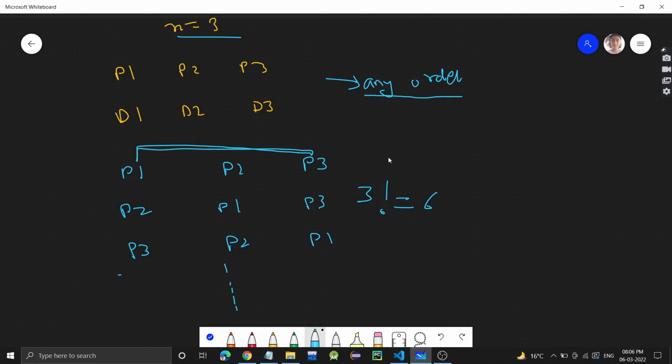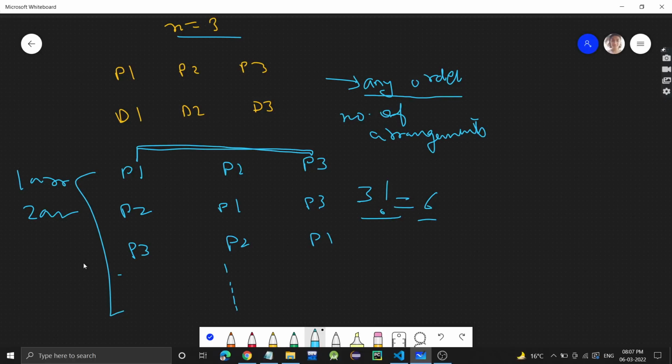If you're not clear with permutation, I highly recommend reading about permutation first. Basically, permutation means number of arrangements. Here p1, p2, p3 could be one arrangement, this is the second arrangement, and similarly for these 3 items there will be 3 factorial, that is 6 arrangements.